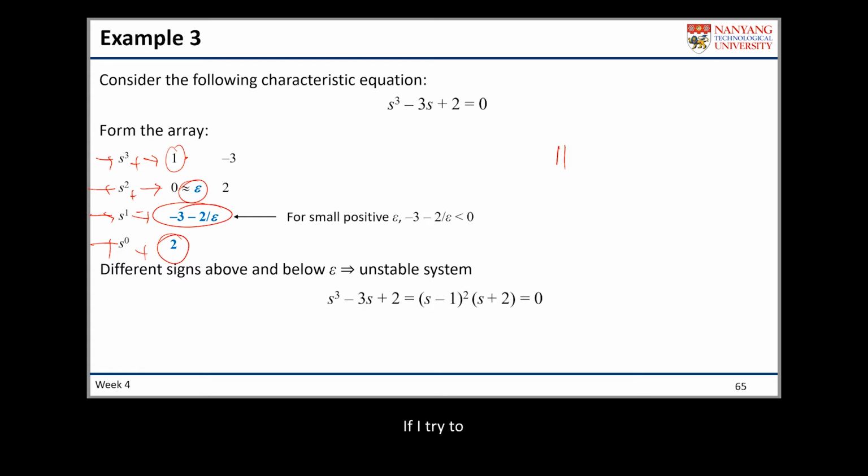If I factorize it using my calculator, the factorized form of the characteristic equation will be like this. You can see it here. I will have one pole at negative 2. But then I also have a twin positive real pole at positive 1. So as you can see here, I have two positive poles. My system is unstable.